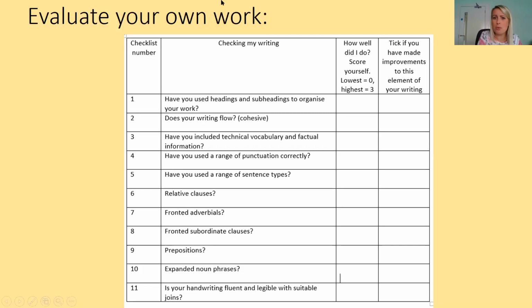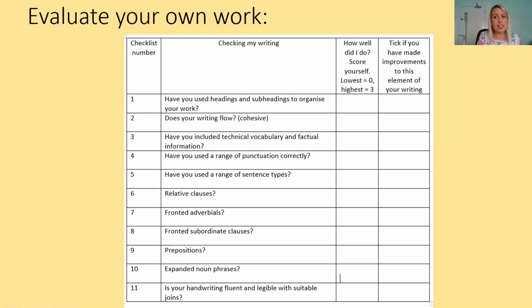So the elements that I'd like you to evaluate your work against are your use of headings and subheadings to organise your work, the flow of your writing, technical vocabulary and factual information, a range of punctuation correctly, a range of sentence types, relative clauses, fronted adverbials, fronted subordinate clauses, prepositions, expanded noun phrases, and making sure that your handwriting is legible and has appropriate joins in it.